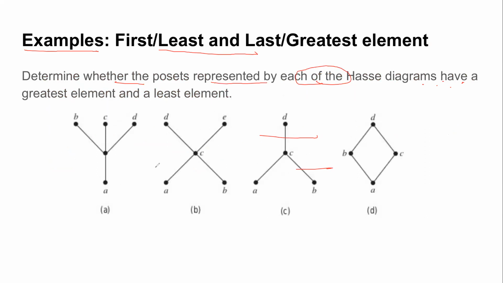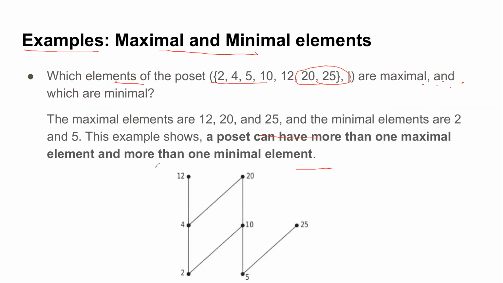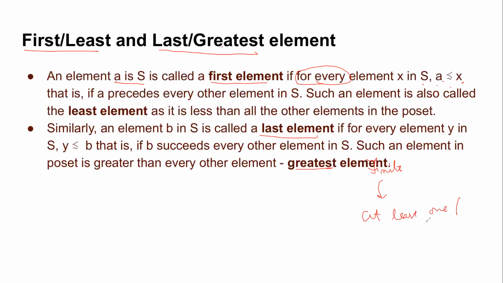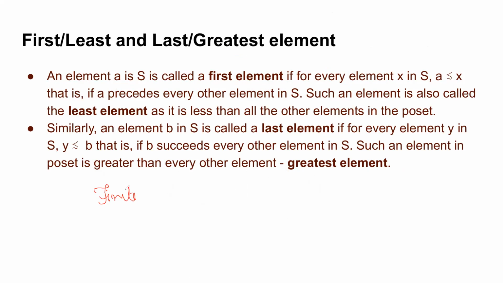Before I go to this example: maximal and minimal elements. If the set is finite, then for sure you will have at least one maximal and minimal element. But what about the least and greatest element? Is it a surety that any finite set will definitely have a first or last element?